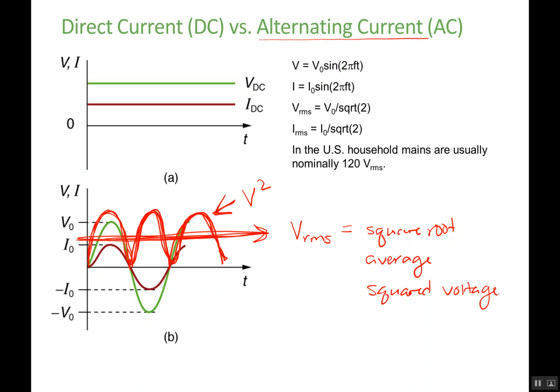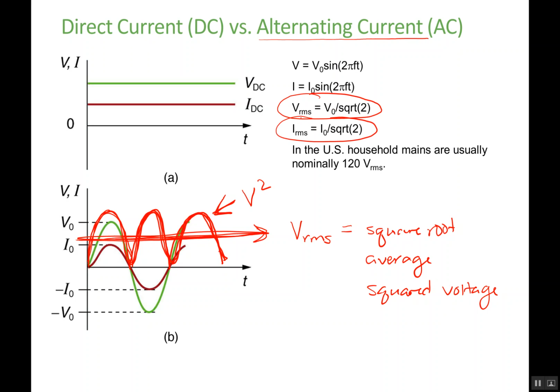So you square the voltage signal as a function of time, you find the average of that squared voltage, and then you take the square root at the end. And that is not going to be 0. It turns out, and we'll show how this is derived, that the root mean squared voltage of a sinusoidal function is equal to the maximum voltage, V naught, divided by the square root of 2. And the root mean squared current is the maximum current divided by the square root of 2.